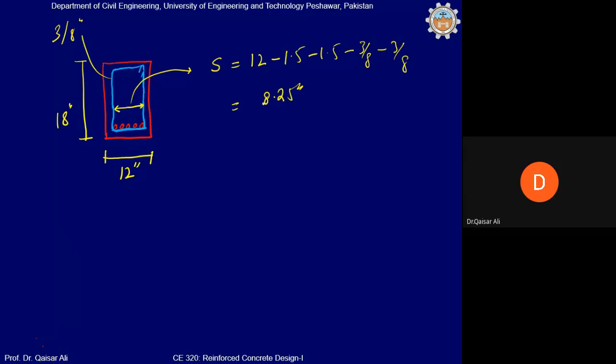Now from this you can subtract the space occupied by the bars. So this will be equal to 8.25 minus how many bars are provided? 5. And what is the diameter of a single bar? It is 3/4. So you calculate this.